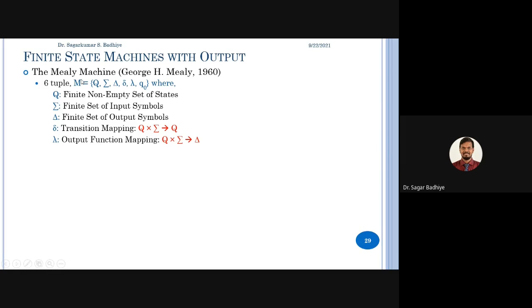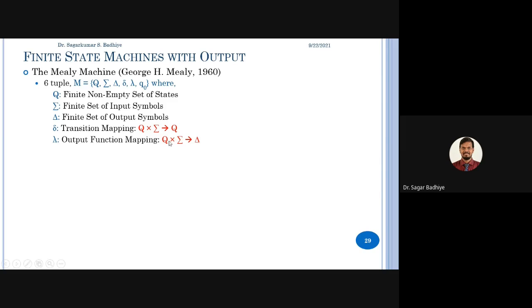So when we talk about the Mealy machine, the output is represented on the transition. That is, whenever there is a transition from a state on certain input, on that transition, your output will be dependent. So the output function mapping in case of the Mealy machine is given by Q by sigma derives to del.